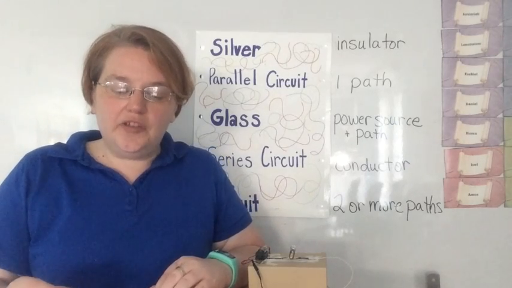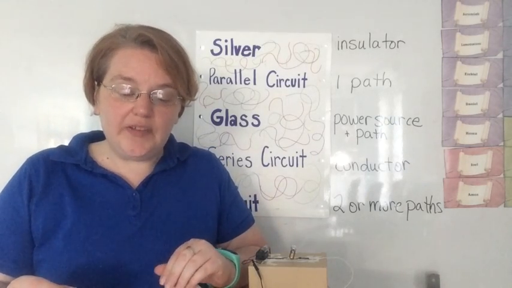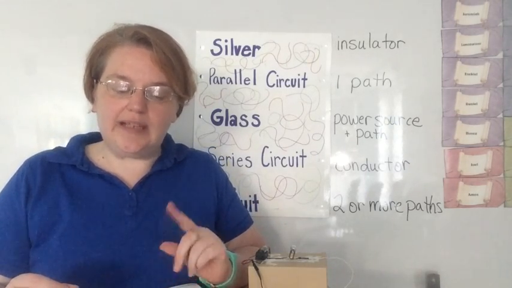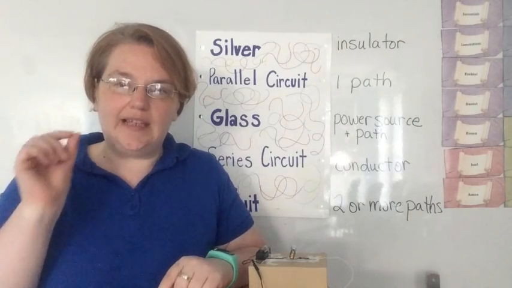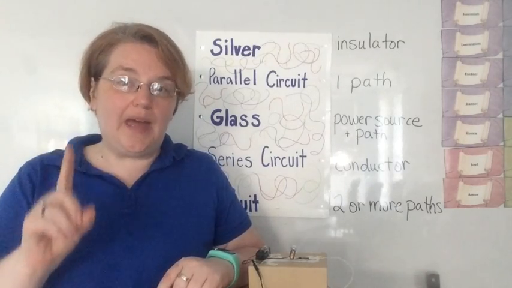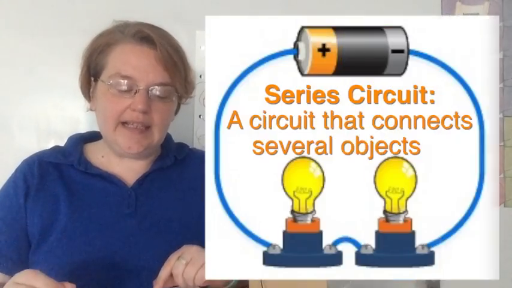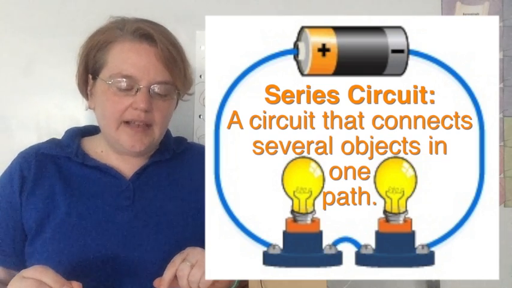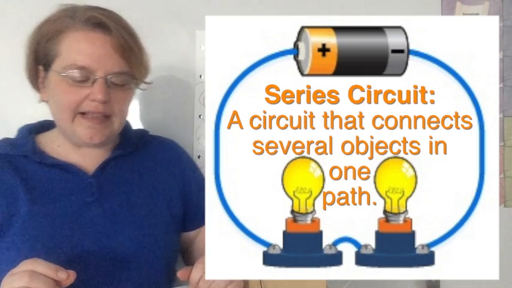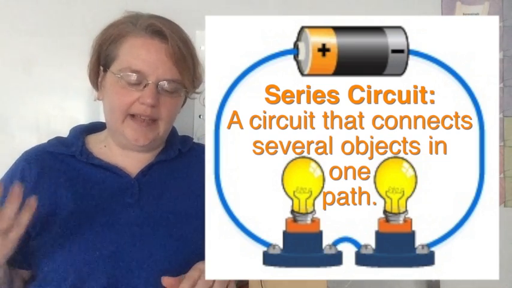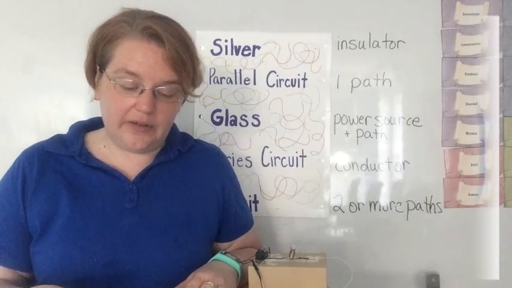Circuits can be arranged in different ways. One type of circuit connects several objects in one complete path. That's the key word. One complete path, one path. This is a series circuit. Series circuits are used inside appliances, such as television and vacuum cleaners.